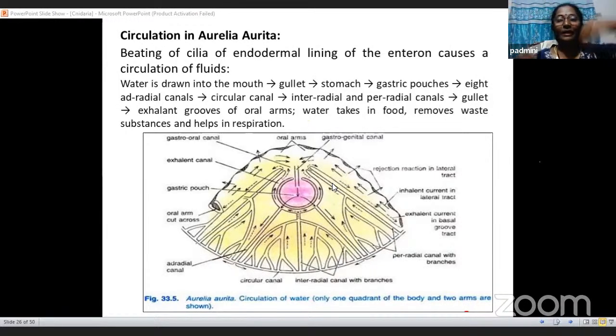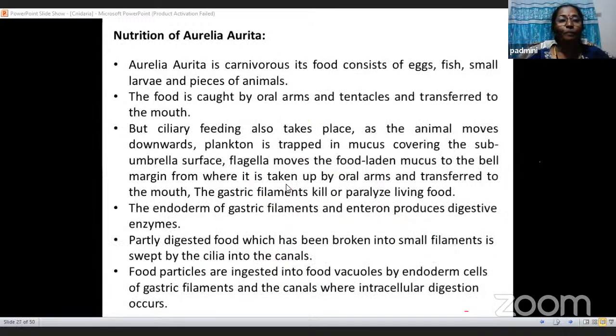When they are coming inside into the stomach, they go into the small 8 adradials. When the water is going into the adradials, it brings along the food materials, the nutrition is taken in, diffusion occurs, oxygen is taken in, and then as they are moving outside, they go into the perradial and the interradial to the gullet and then out of the body. So that is what circulation in aurelia is all about.